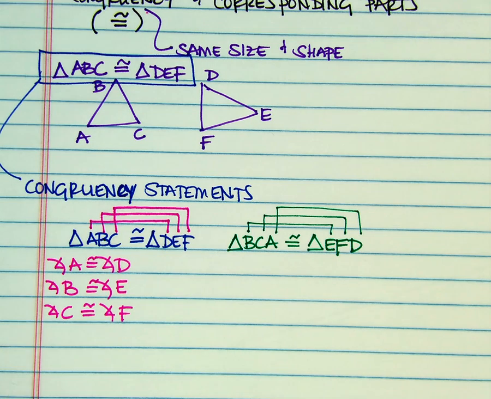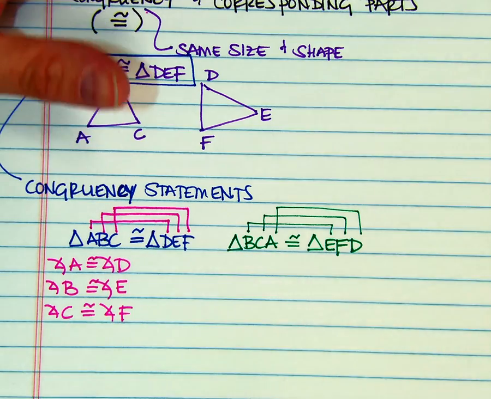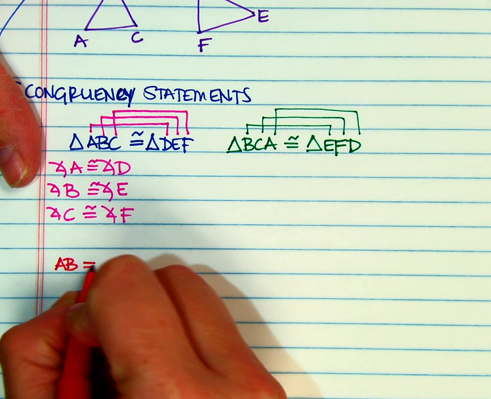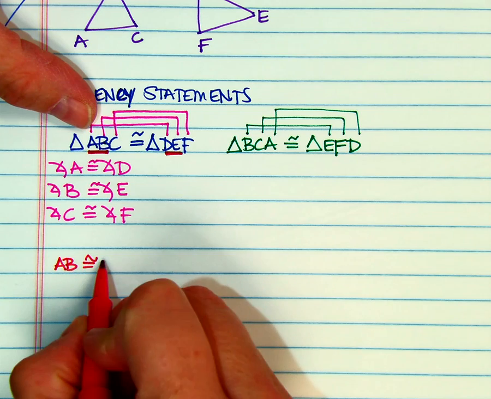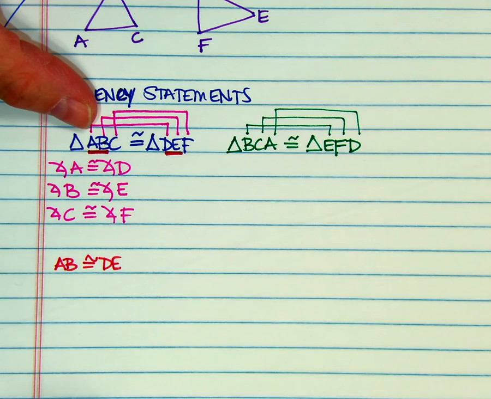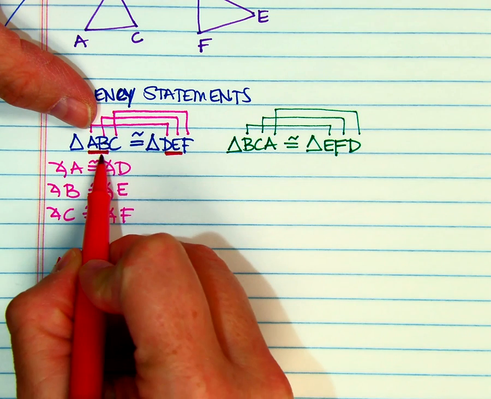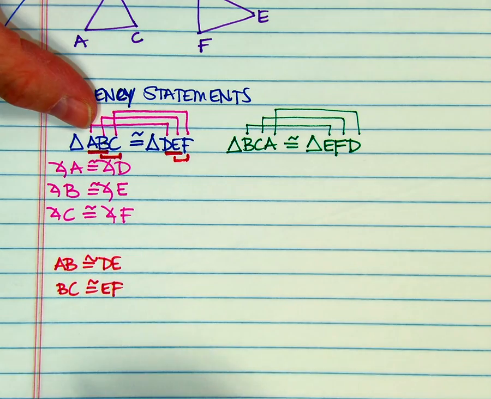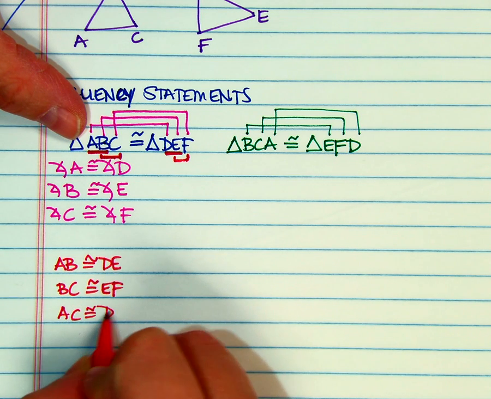So I said that there were 6 corresponding parts, so the other 3 parts are the sides. Looking at the order that I have here, I could say that side AB is congruent to DE, these are the first 2 letters, these are the first 2 letters. I could then say that BC is congruent to EF, these are the last 2 letters, and finally, AC is congruent to DF.